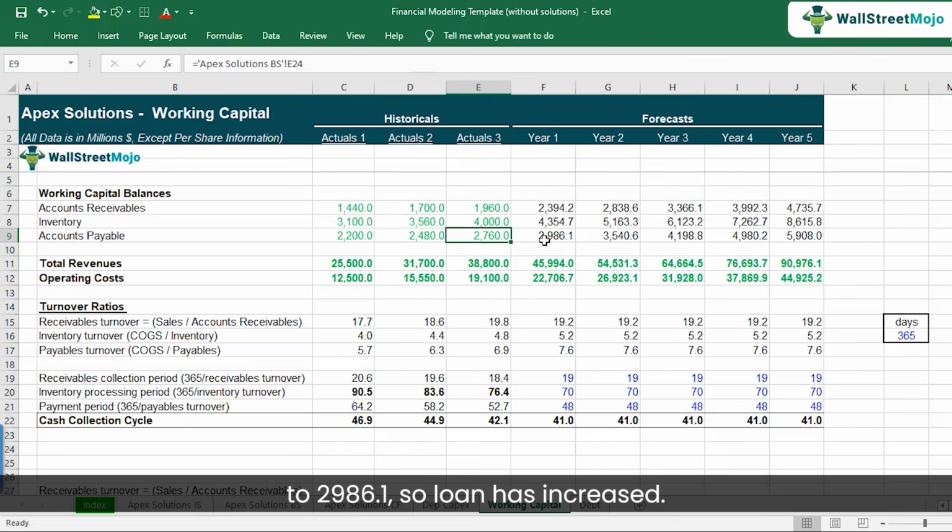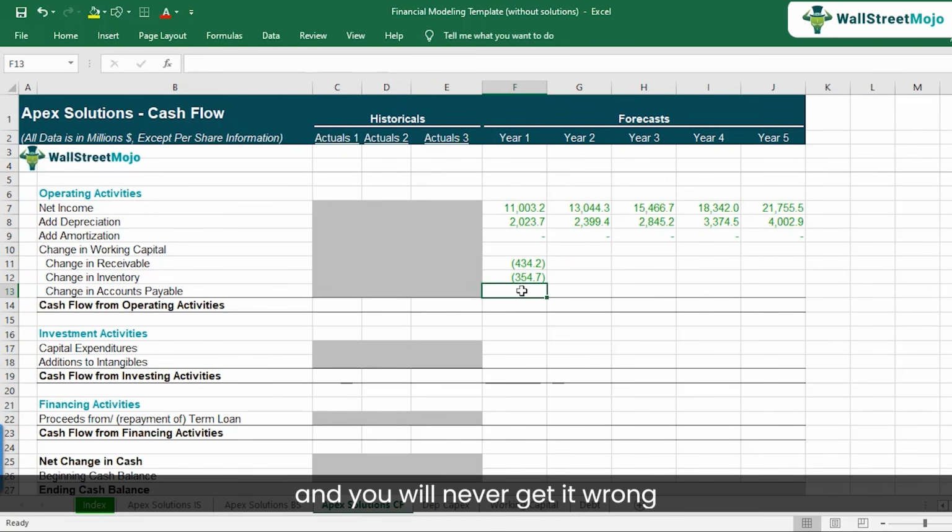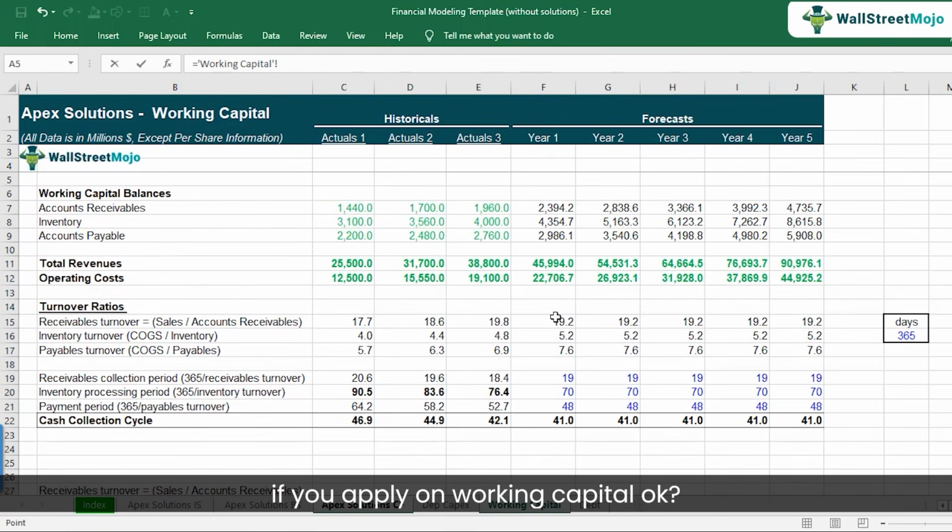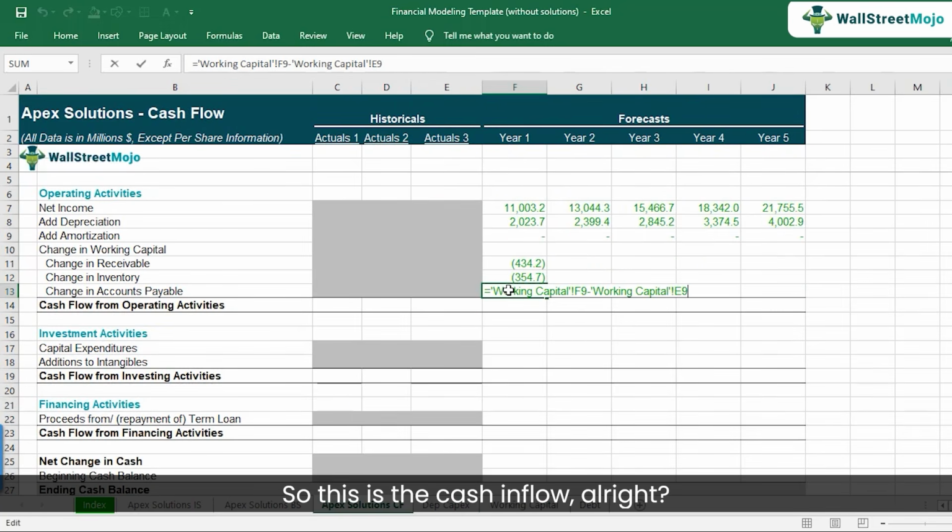So the loan has increased. This will result in cash inflows. When loan increases, cash inflows. That's the logic I'm using here, and you will never get it wrong if you apply this type of logic on working capital. So here it will be 2986.1 minus 2760.0. This is the cash inflow.